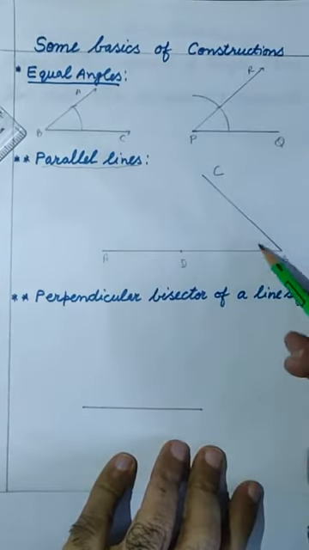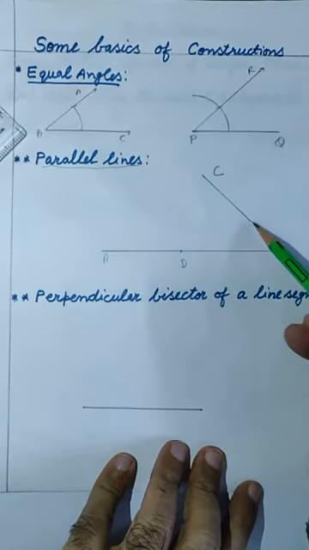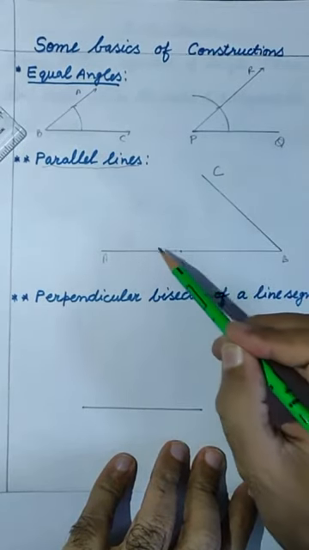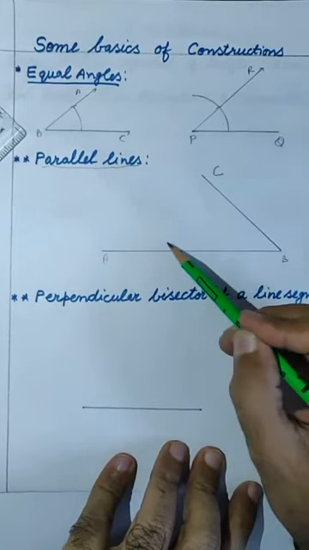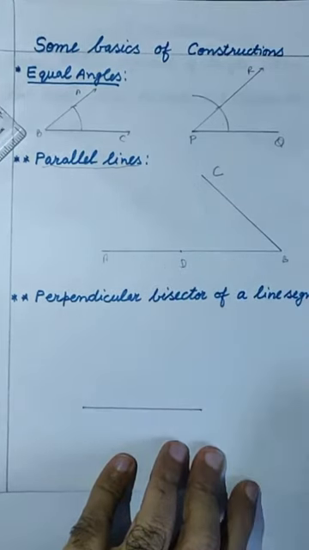You know, corresponding angles are equal. It means if we draw two corresponding angles which are equal, then the lines are parallel. What will you do now?